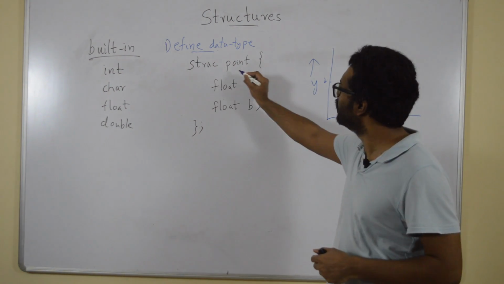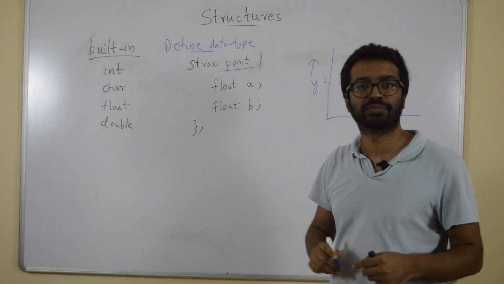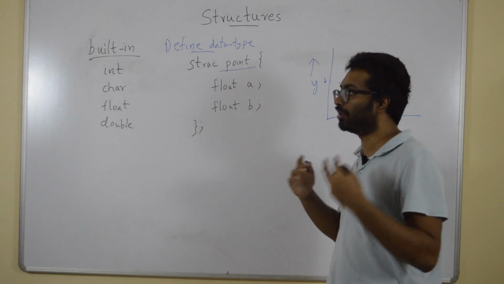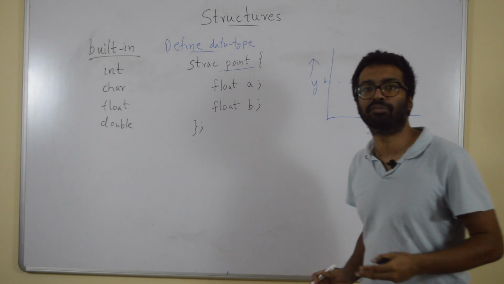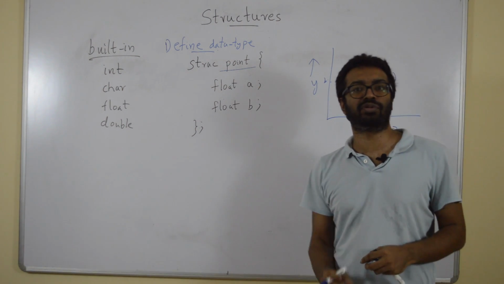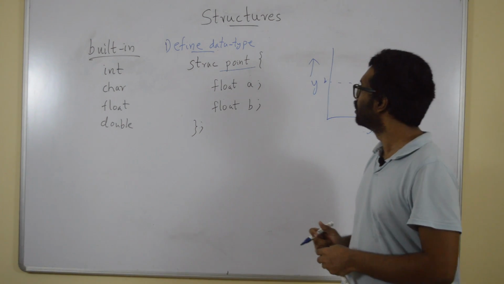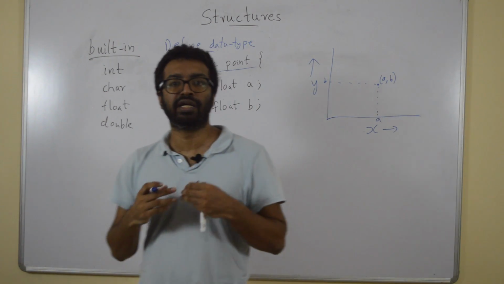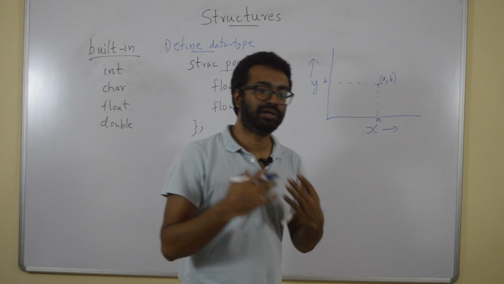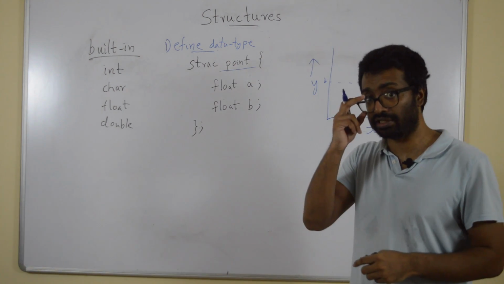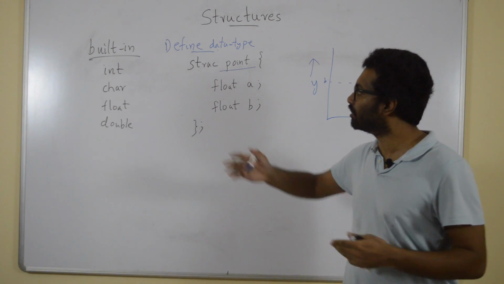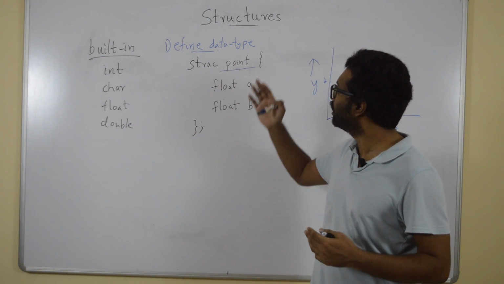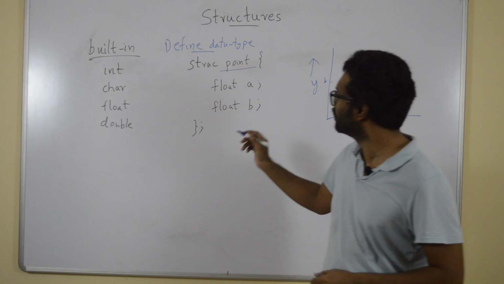Right, now as you could see, this point is the name of the data type. So this is like int, char, float, double, etc. This is the name I have given to the data type called point. Okay. Now I have created a data type. Now how can I declare variables using that data type? That's the next question. How do I declare variables? How do I declare an int variable? I will write int x. So similarly, I will write this.